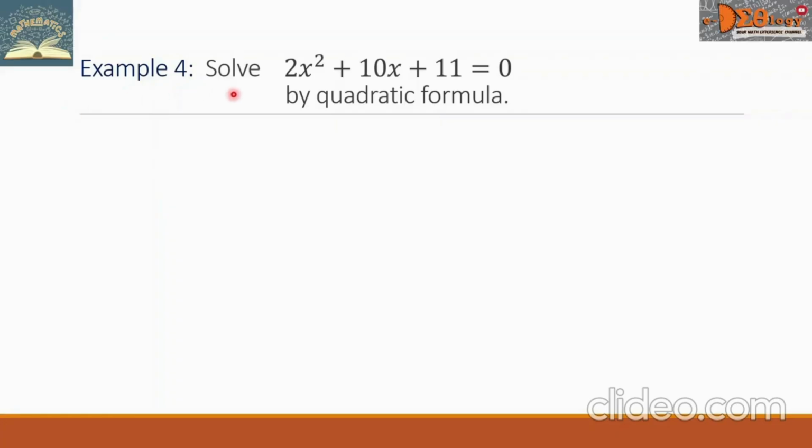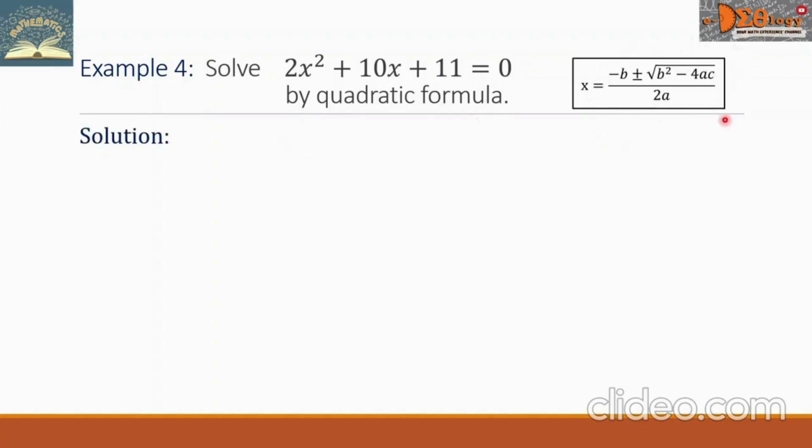Example 4. Solve 2x squared plus 10x plus 11 equals 0 by quadratic formula. We have our formula in here. Now let us collect the values of a, b, and c. The a is the coefficient of x squared, so we write here a equals 2. The b is the coefficient of x, and this is positive 10.